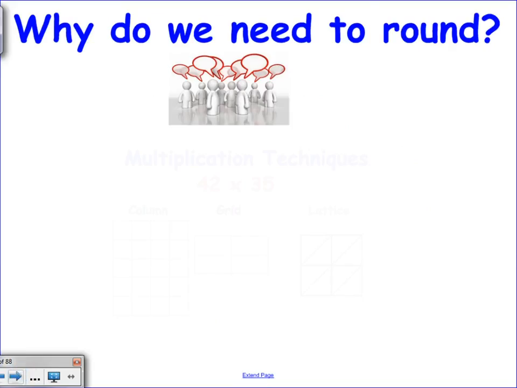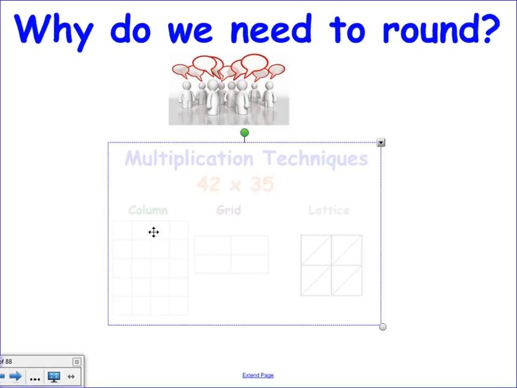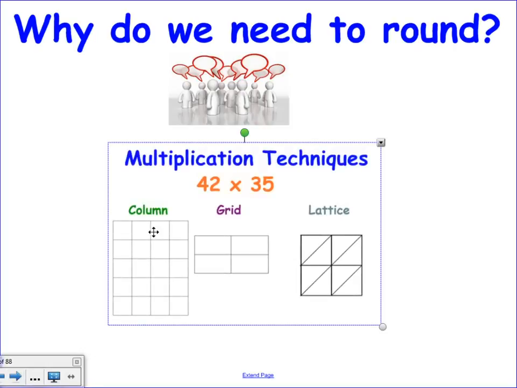So why do we need to round? Well, we need to know that the answers we're going to give are going to be in the right area. And hopefully when you're doing Unit 2, because you haven't got a calculator, you want to know that your answers are of the same magnitude that you're looking for. So earlier on tonight, we did this question, 42 times 35. Some of you, hopefully, have got the answer to that written down exactly.